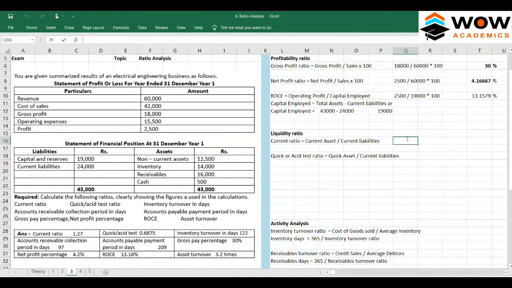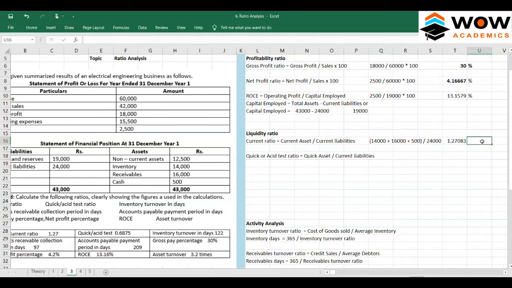So current assets would be 14,000 plus 16,000 plus 500, divided by the current liabilities, which is 24,000. So when we solve, we'll get an answer is 1.27 to 1.